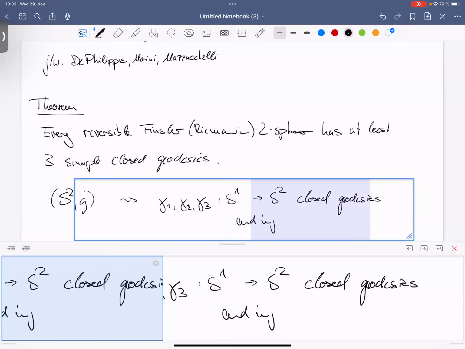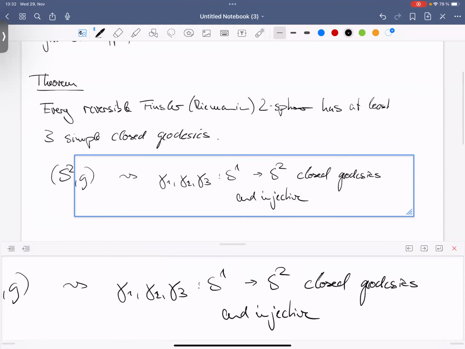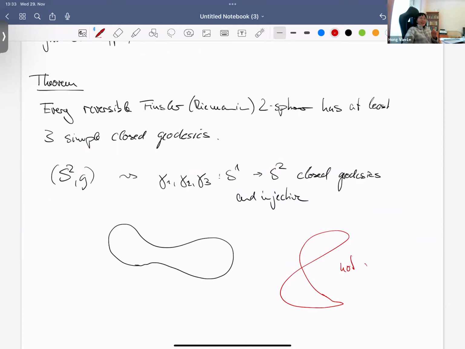That I mean with simple closed. So you have a period for your geodesic, and you take the shortest one, and then there are no transversal intersections. So draw your picture. The geodesics I'm talking about look like this, and geodesics that are not allowed, they look like this. This is not allowed.